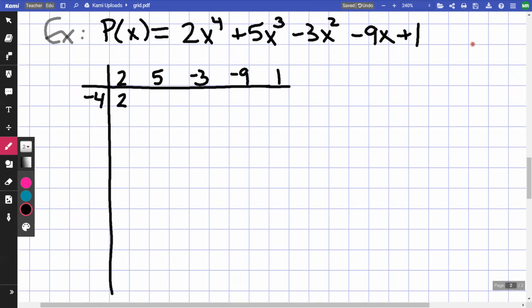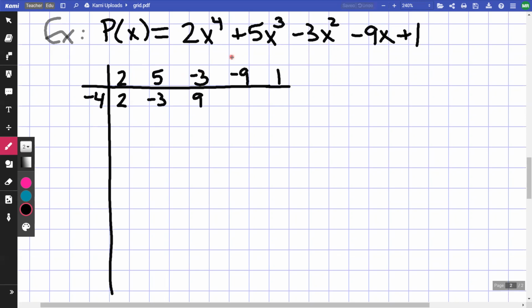I'm going to bring down a 2 because it's a 2 in the front. We don't always bring down a 1. Whatever's a lead, that's what we bring down. Okay, it happens to be a 2. So I go 2 times -4 is -8. I add, I get a -3. -3 times -4 is 12. I add, I get a 9. 9 times -4 is a -36.